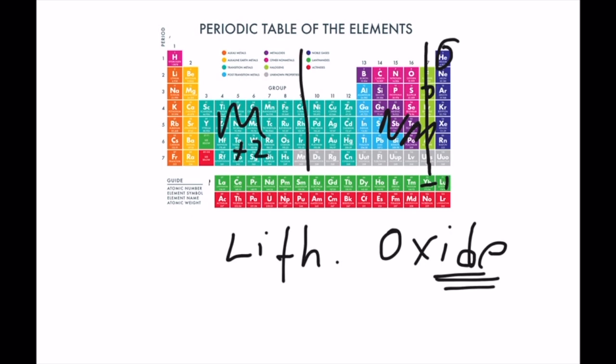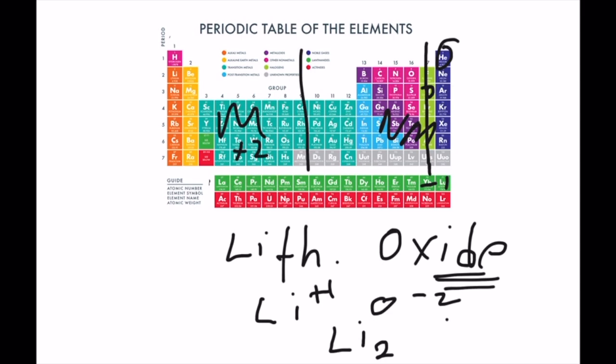And now let's look at the formula here. We know lithium is a +1 charge because it's losing that electron. Oxygen is going to be a -2 charge. That is important because it's going to accept 2 electrons from the lithium. Now we bring that 2 down from the oxygen charge.